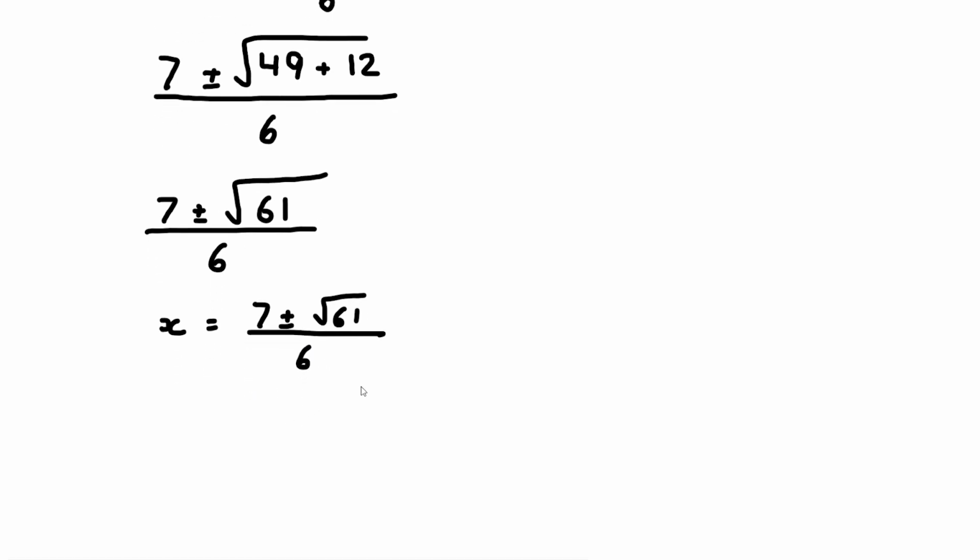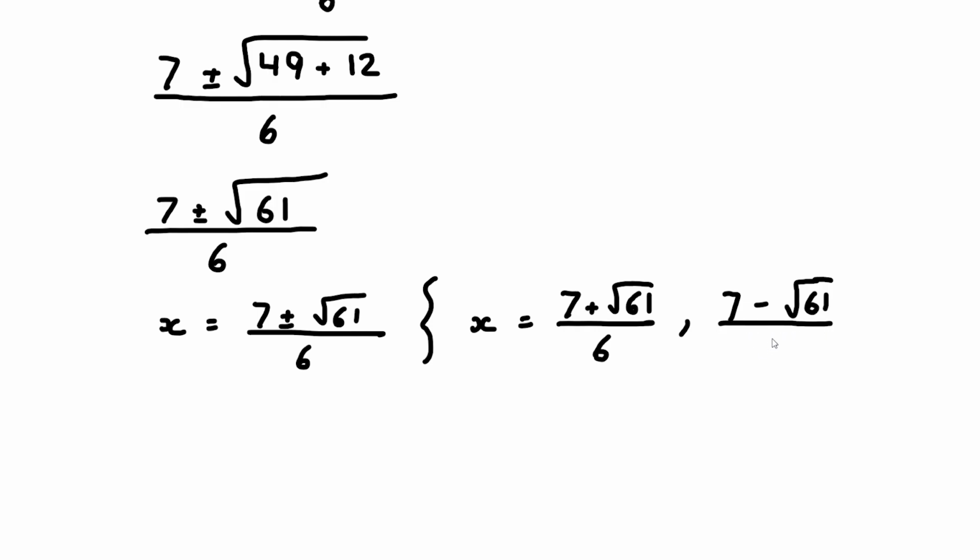You can write this as a decimal if you'd like, or you can write the terms separately: x equals 7 plus root 61 over 6, and 7 minus root 61 over 6, right?